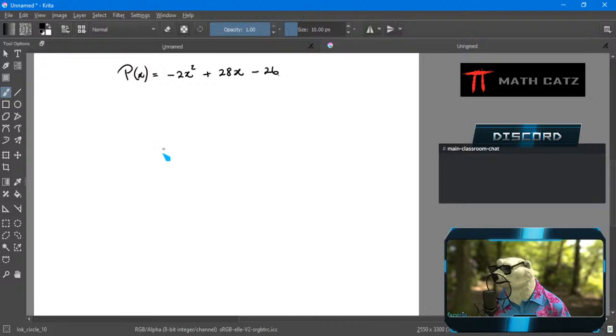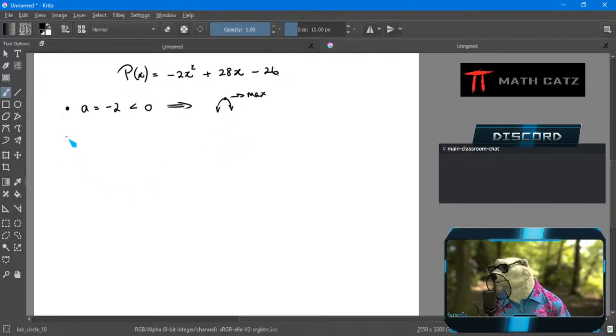There, it's gone. And I just want to analyze the properties of this quadratic function. So I go through my list. I might not need all of it, like x-intercepts and stuff. But I do want to check the leading coefficient, which is -2, which is negative, which means graphically my parabola is pointing down, which means I'm going to have a maximum, which is good because that's exactly what they want me to find.